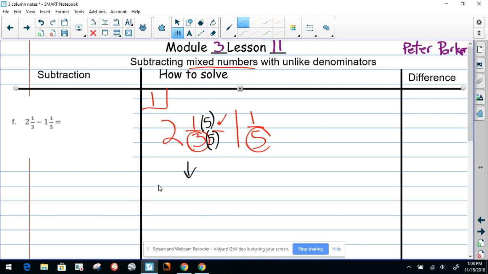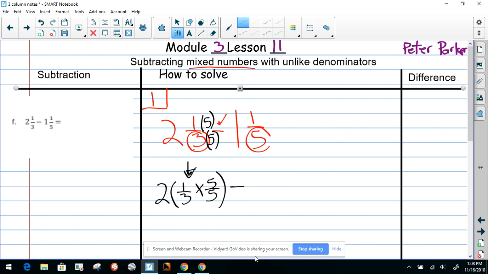Now let me rewrite that out here so you can understand. I'm going to show you another way. So let's say this is 1/3, which is the number up here, times 5/5. So that is a better visual of what I showed you up here.